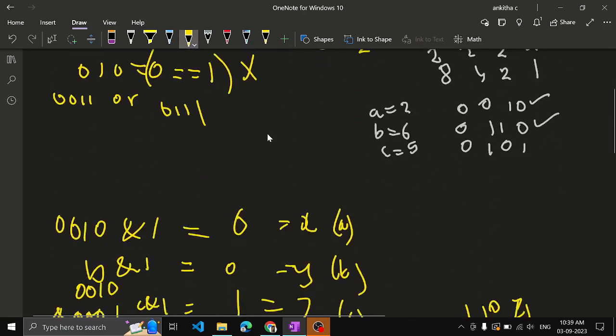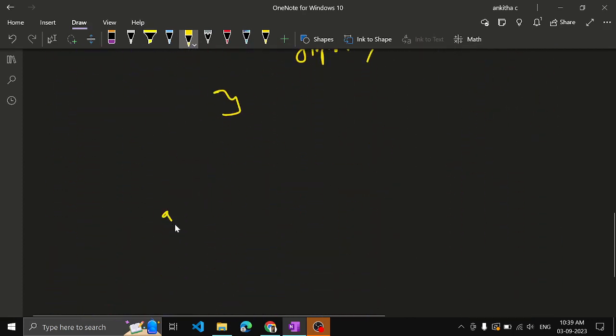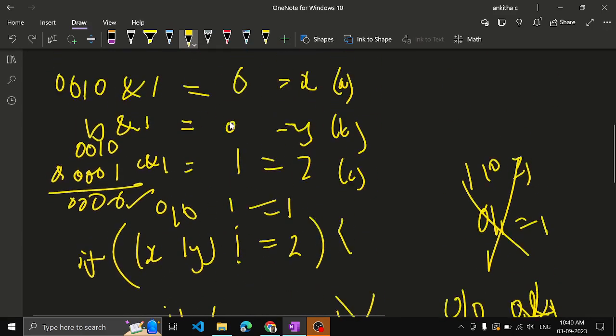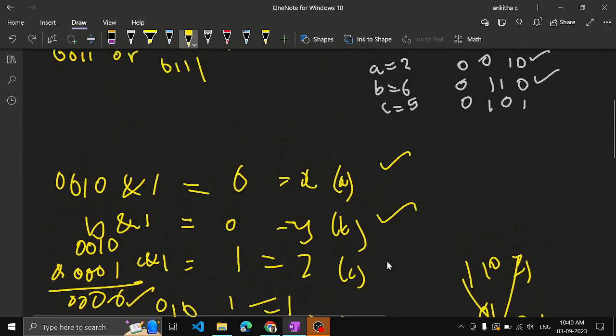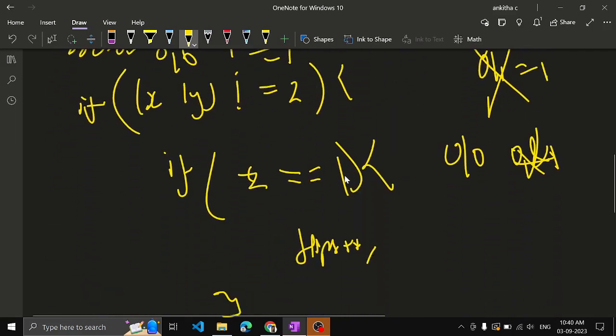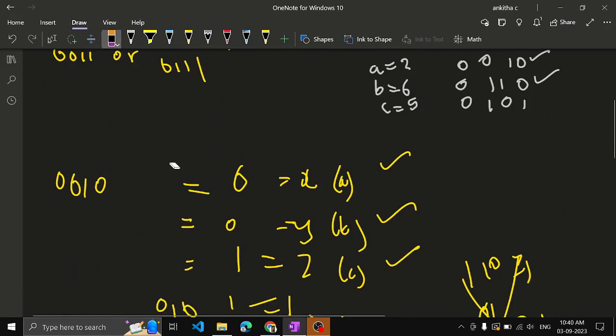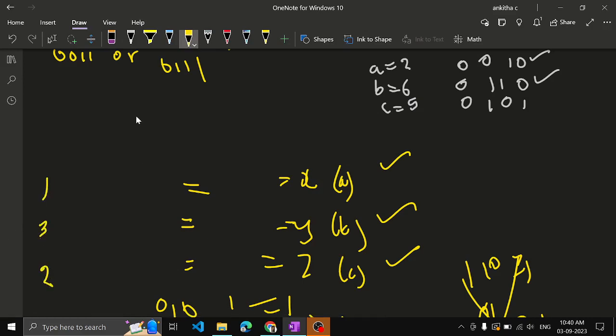So when you do right shift by one position, A equals A right shift by one position, B equals B right shift by one position, C equals C right shift by one position. Once you do this, again you find the least significant bit. So once you do right shift, you have 1, 3 and 2.